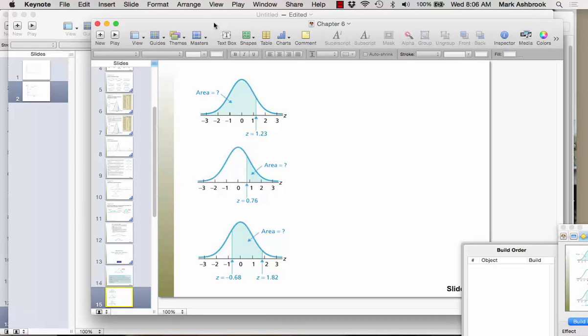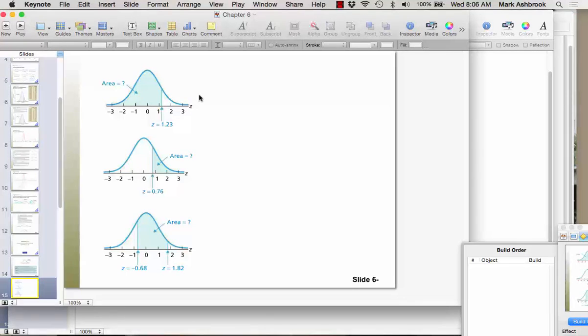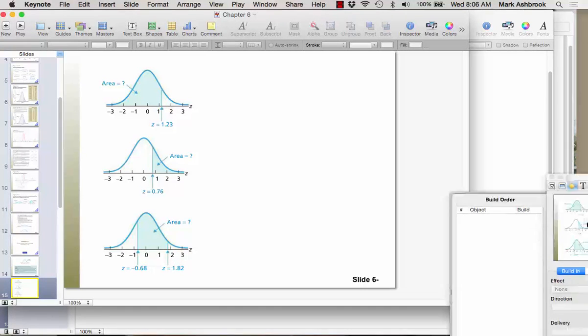Okay, so here we go. Suppose we had a z-score of 1.23. We have some distribution. We find the z-score by taking x minus mu over the standard deviation, and we get a z of 1.23.